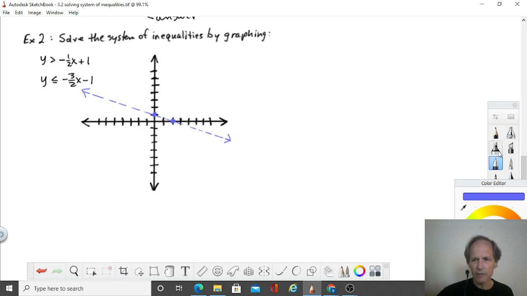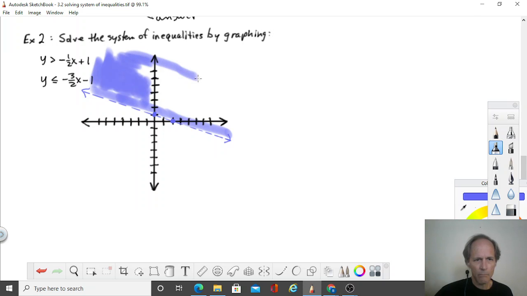It makes a little more sense to do that immediately after we make the line. So we shade above, right, because it's greater than. So here we go. My marker's not really quite wide enough.